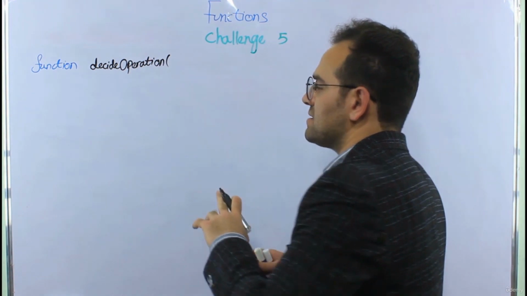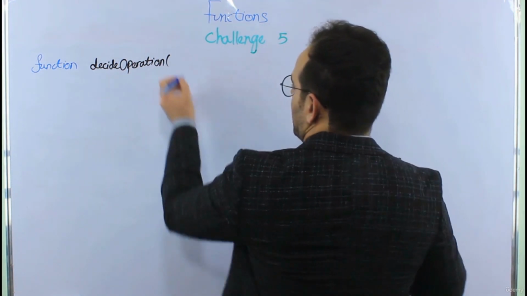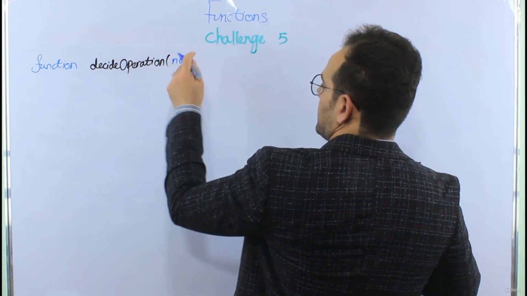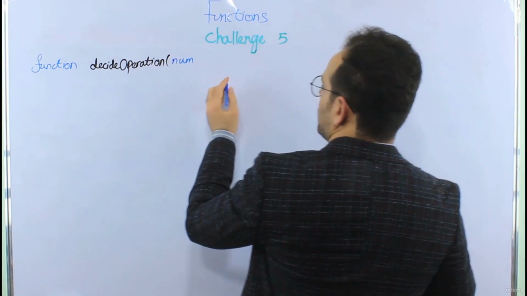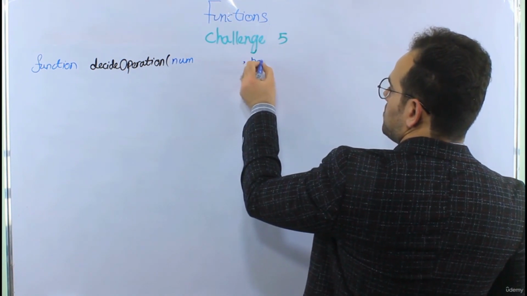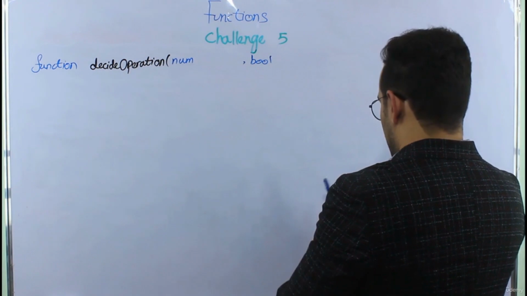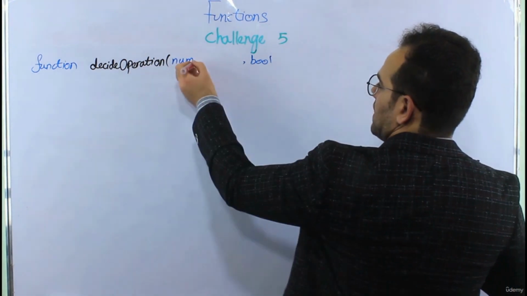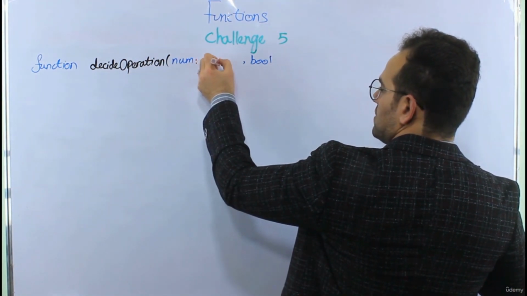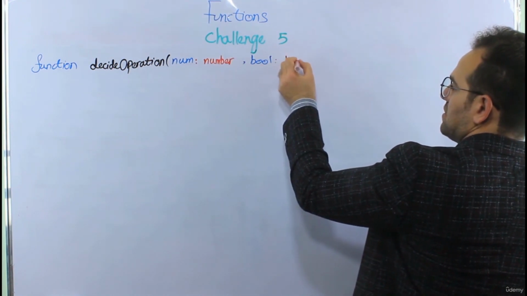And we need to pass in a number as well as a Boolean. The number is going to be the number that we either add 1 to or subtract 1 from, and then the Boolean is going to be used for that evaluation. I'm going to type annotate these, this one as number, since this is a number, and this one is going to be boolean.